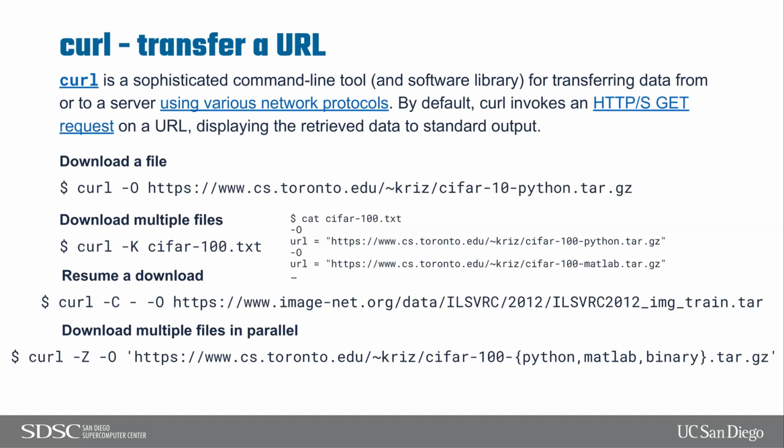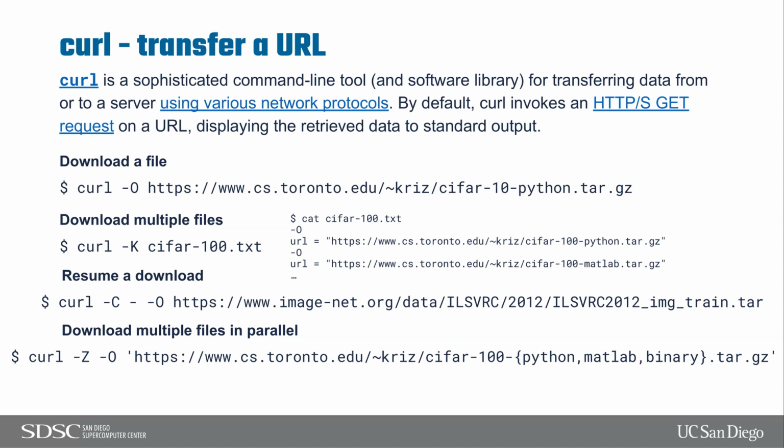Another very common tool that you'll see used in examples or tutorials or documentation that you might come across is the curl command line tool. This is a very sophisticated communication tool.